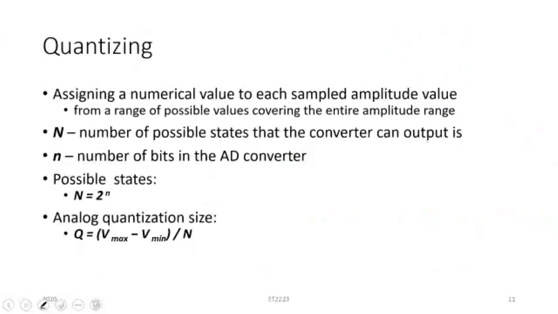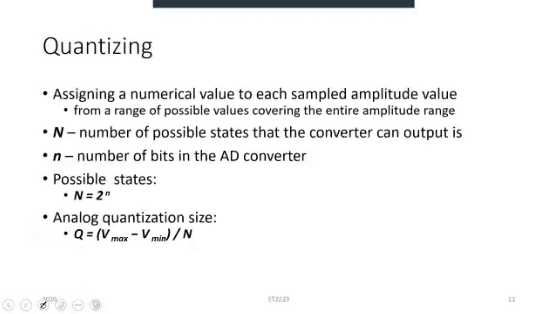Then quantization is basically converting whatever the sampled value is into a finite range of values. Say we have a speedometer that can only display, let's say, a change of every 1, a single digit.